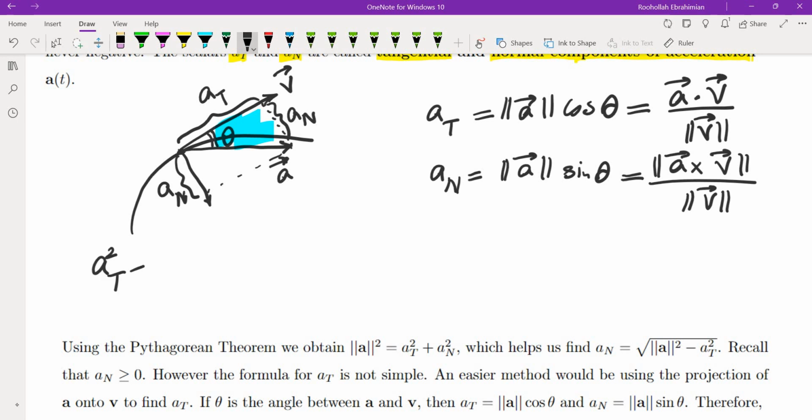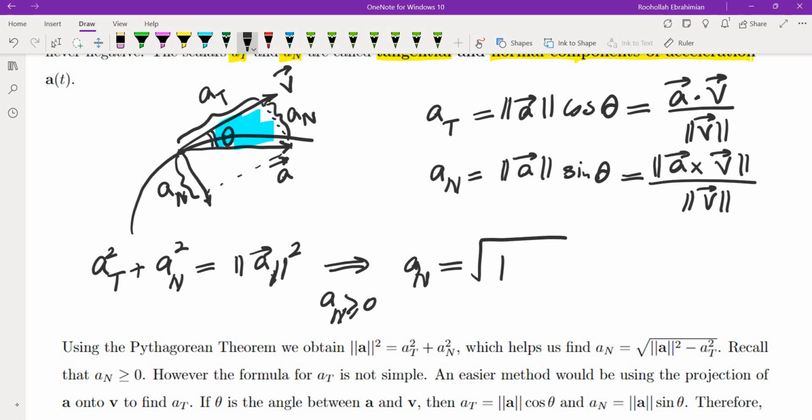We get a sub t squared plus a sub n squared equals magnitude of a squared. Now, we know that a sub n cannot be negative, so we could solve this for a sub n without having to worry about plus minus. So we get the square root of magnitude of a squared minus a sub t squared.